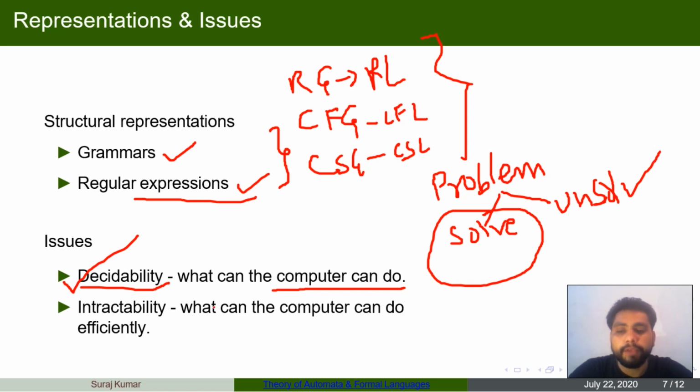Similarly, if the problem is solvable, your next focus is on efficiency, whether your solution is efficient or not, whether it has less complexity. This is considered intractability. So the computer can do it, and my focus is on efficiency. The solution should produce less complexity.